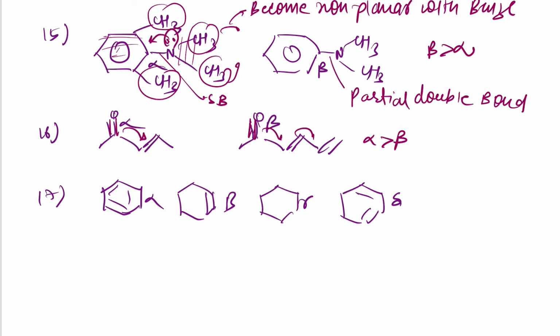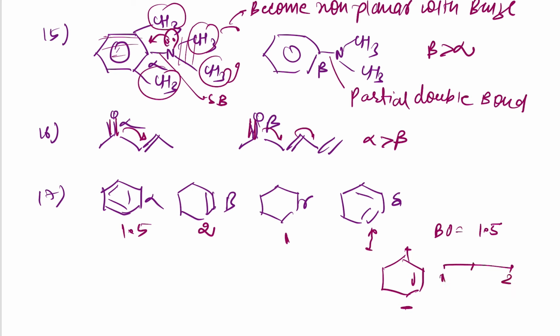Now if we see that alpha has 1.5 bond order, beta has 2 bond order, and gamma has 1 bond order, and it will lie in between somewhere. It will form a resonance, positive and negative, and the bond order will lie somewhere between 1 and 1.5.